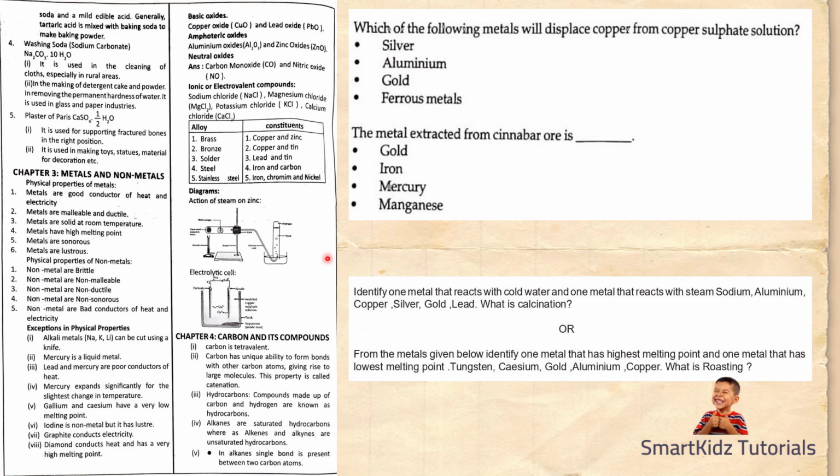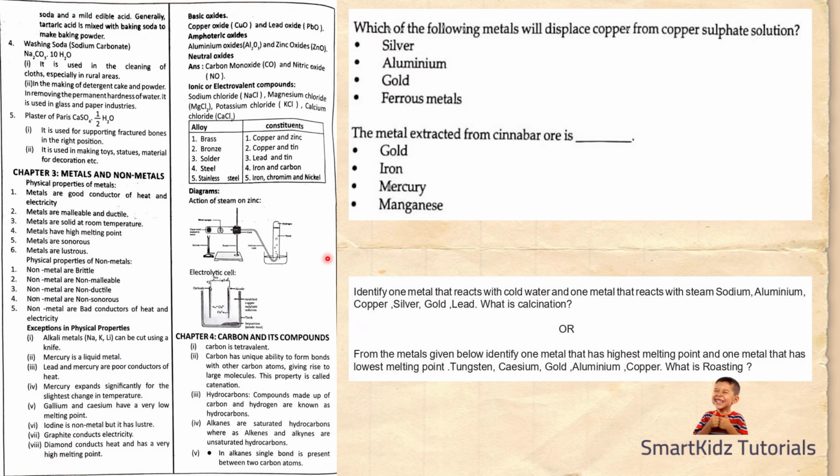Also, the Goa board has mentioned figure 3.5 and figure 3.6. So please go through those two figures and revise. I'm not guaranteeing that it will come, but since they are mentioned, I would suggest you go through that.